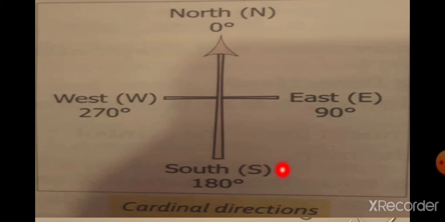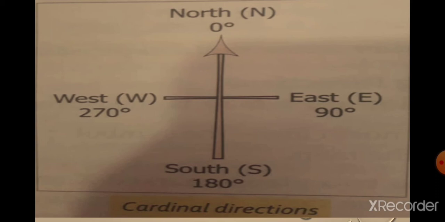Towards the right we have east and towards the left we have west. These four, north, east, south and west, are called cardinal directions.